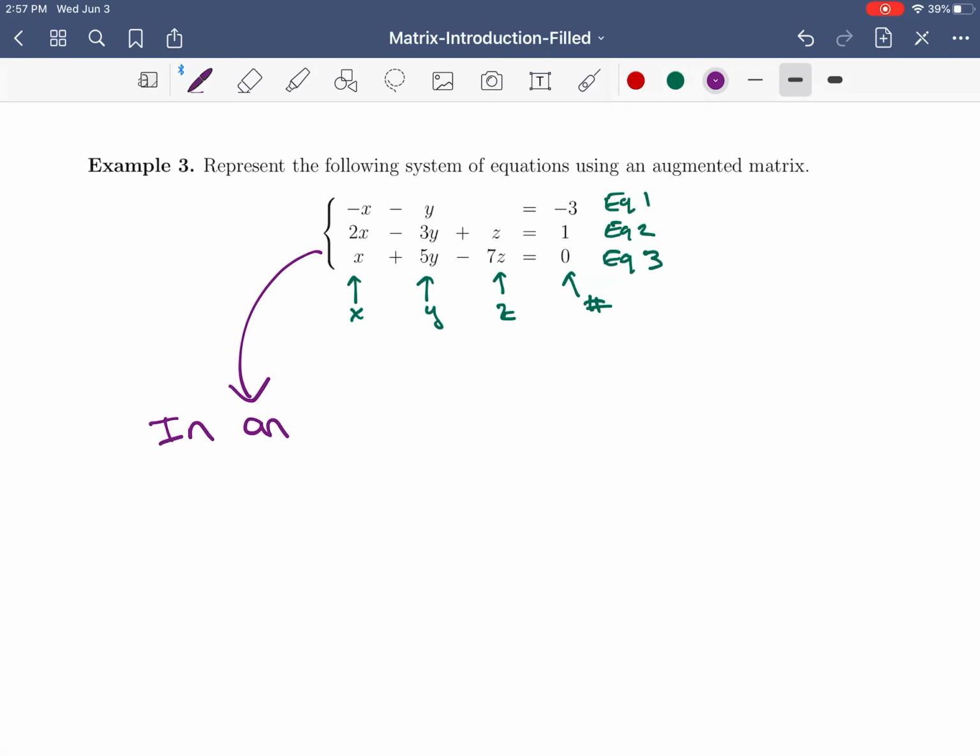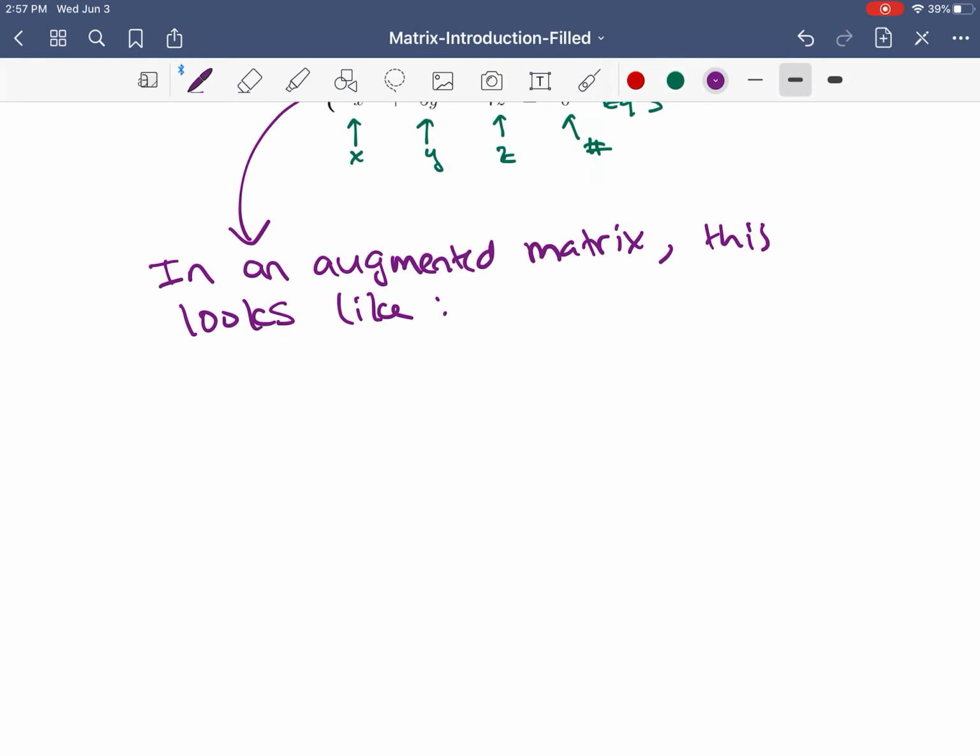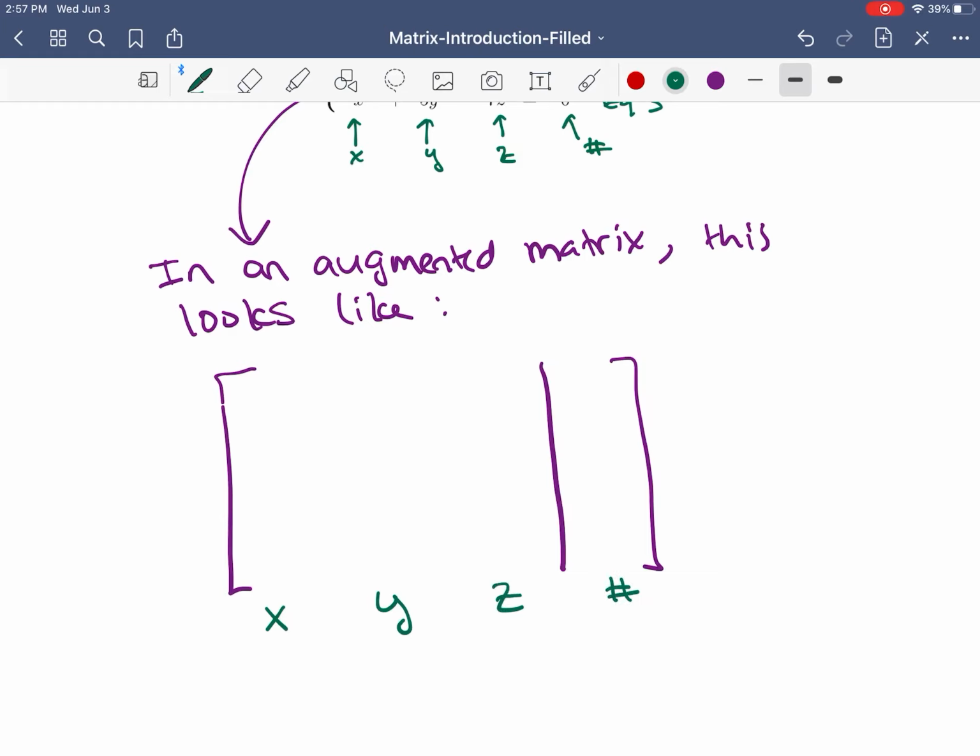So an augmented matrix would look like this: we're going to have 3 rows and 3 columns before my vertical line and then 1 column after. We're going to have an x column, a y column, a z column, and a column for the numbers. Equation 1, equation 2, and equation 3 are the rows.